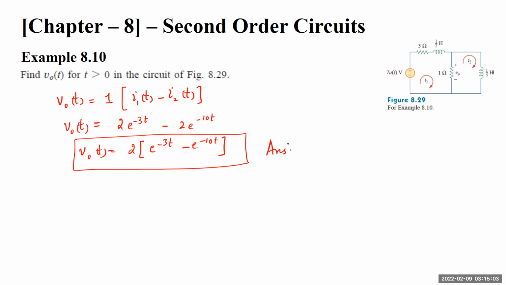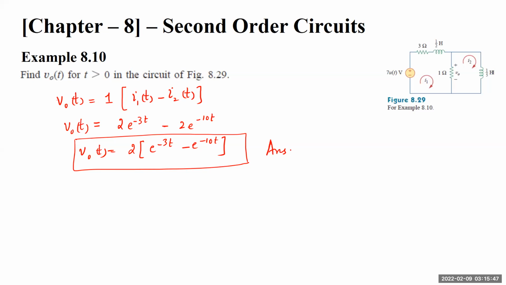So this is how we get the value of V naught of t, or this voltage, by solving a second order circuit in which we only have two inductors as energy storage elements. We do not have any capacitor here, like the ones we solved earlier in example 8.9 and in our previous lectures on second order RLC circuits, where RLC are connected in series, and second order RLC circuits where RLC are connected in parallel.